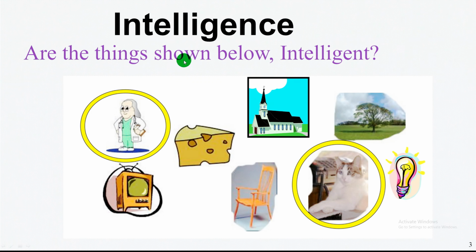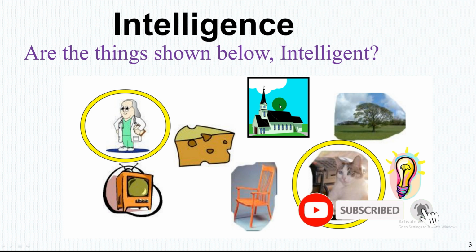Are the things shown below intelligent? In order to say that a machine, an object or an agent is intelligent, it must react, calculate, reason, learn, update, adapt to the environment and understand more complicated problems as well as abstract ideas, right?